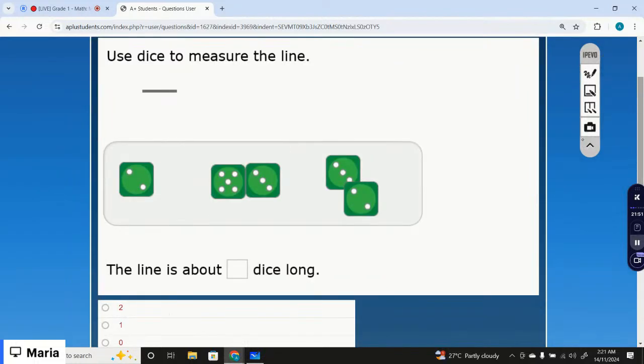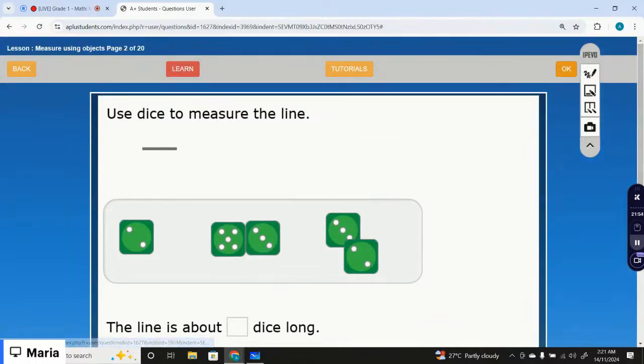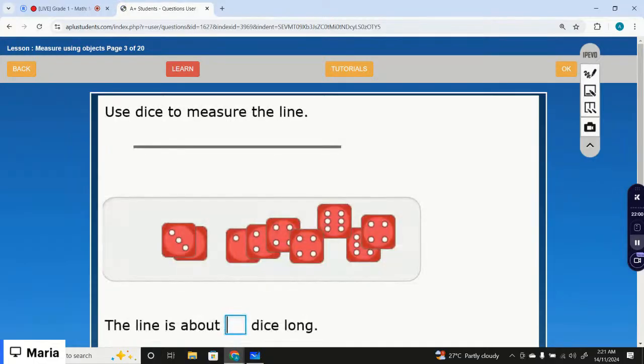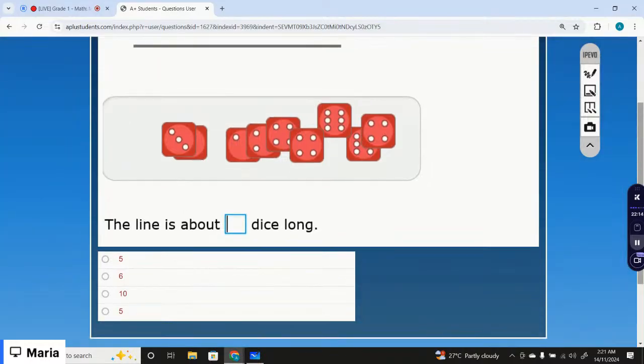The correct option is option number two. Use dice to measure the line. So, how many dice long? Which is the correct option? The line is 10 dice long, right?